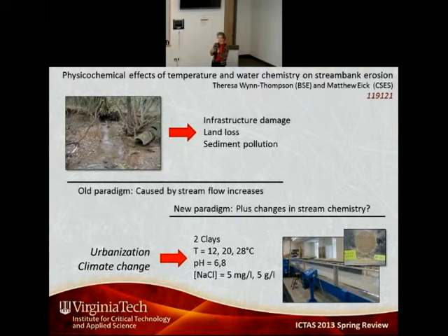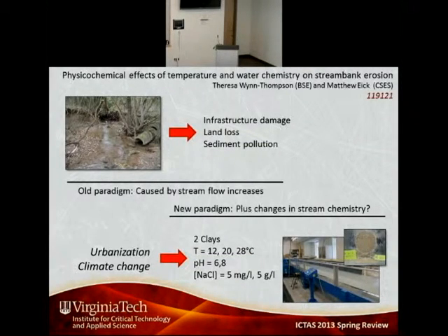And so another one of my questions was, well, what about other factors? So pH, salt content, anything that affects the surface chemistry that's going on. So the hypothesis is basically that not only is it flow that is increasing channel degradation in urban streams, it's also the changes that we see in water chemistry.